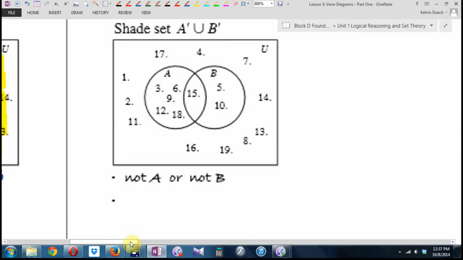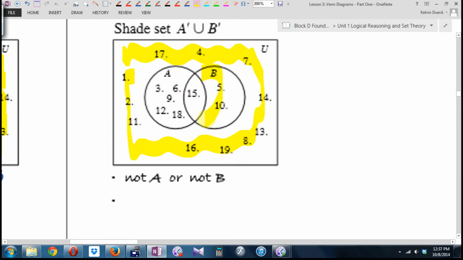Well, you know what? Since it's union, let's do the first one, color everything that satisfies that criteria. And then let's do the second one, color everything that satisfies that criteria, and then Hannah will just zoom out and see what we've colored. So which of these are not A? Well, that would be this, and that would be this.